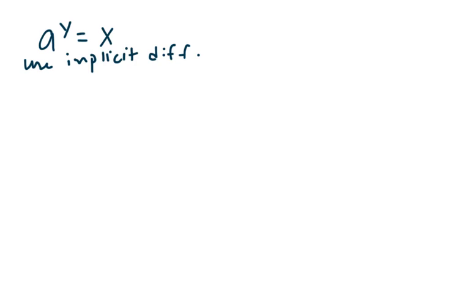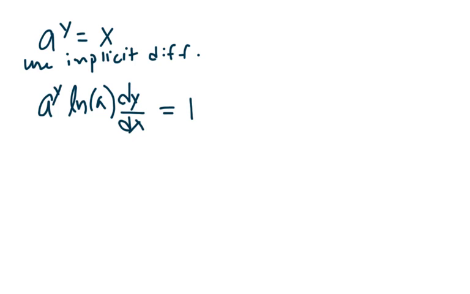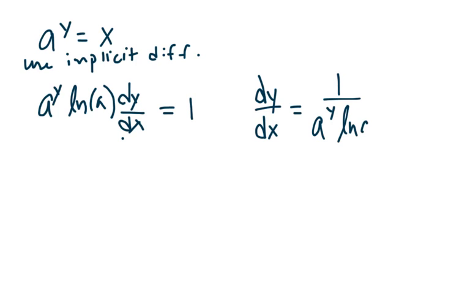So if we take the derivative of a to the y, we just found a formula for that. It's a to the y times the natural log of a dy dx is equal to the derivative with respect to x of x, which is 1, and therefore dy dx is equal to 1 over a to the y times the natural log of a.